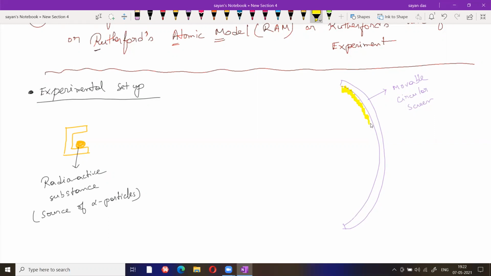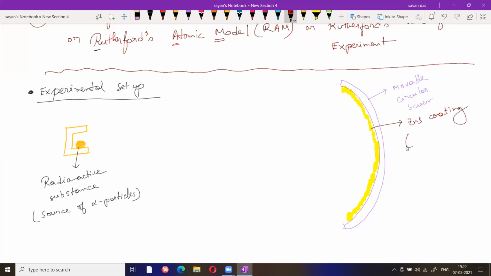Why is the zinc sulfide coating required? I already told you, to check the fluorescence.